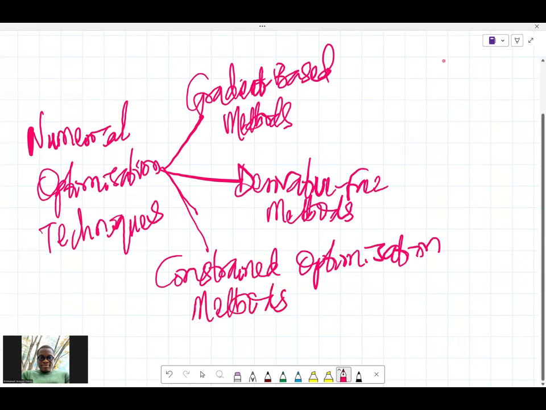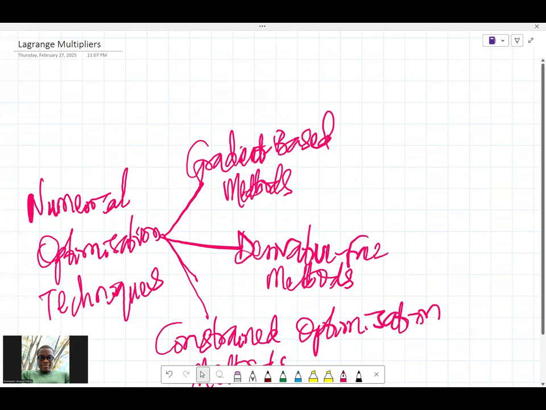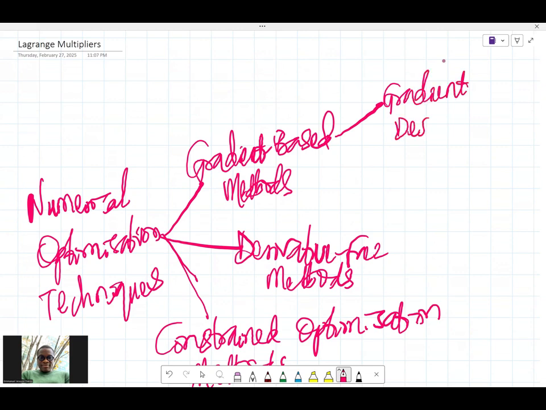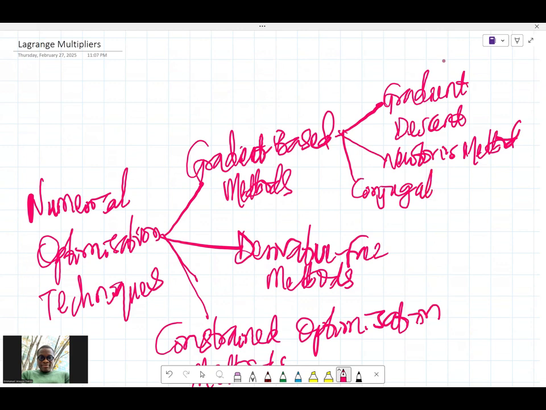If you remember, under gradient-based methods, we considered three different methods: gradient descent, Newton's method, and the conjugate gradient method.